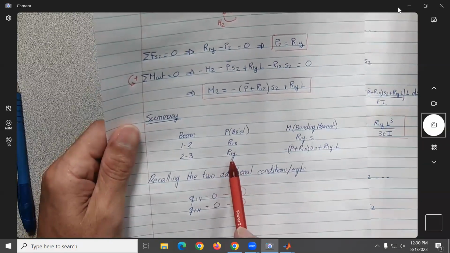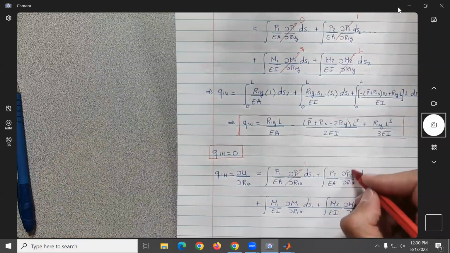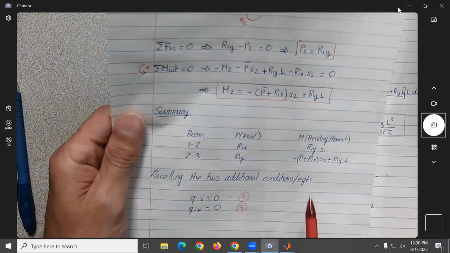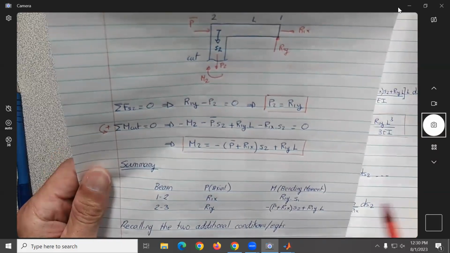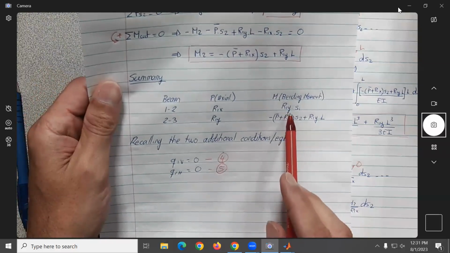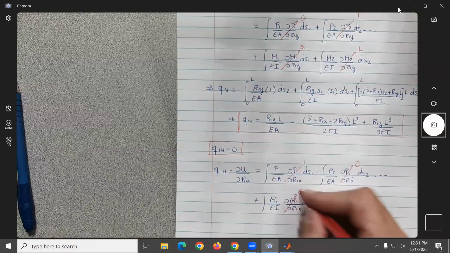Partial of P2 with respect to R1X would be 0. Okay. What will be partial M1 with respect to R1X? 0, no? M1 is in partial of R1Y. I mean, I can be wrong, then I'm not copying anything.